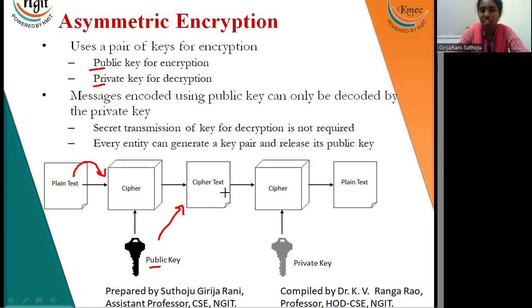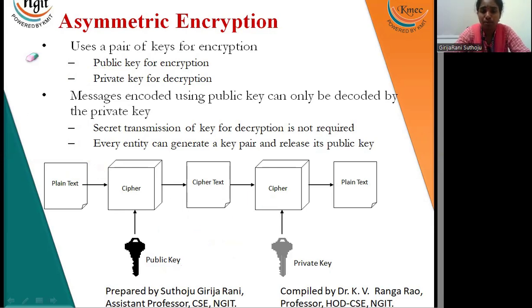Now this ciphertext can be decrypted with the pair of this public key, that is the private key. The public and private key must be a pair. Okay, so this is what we should understand first.